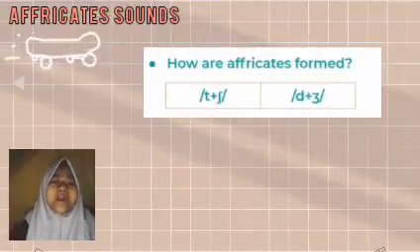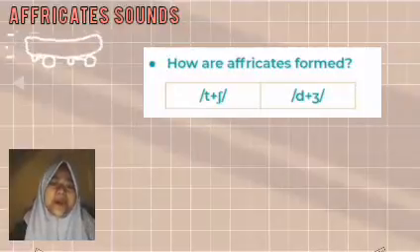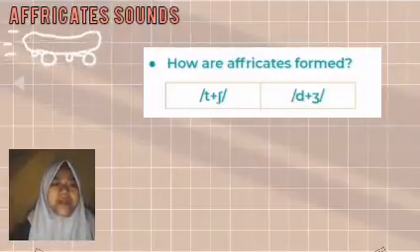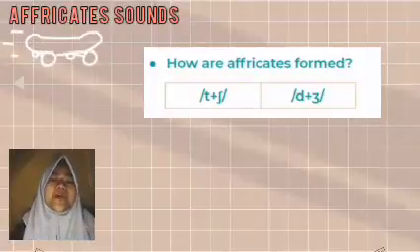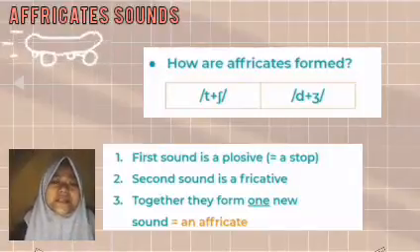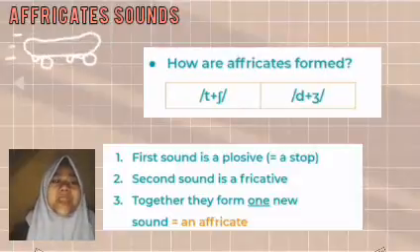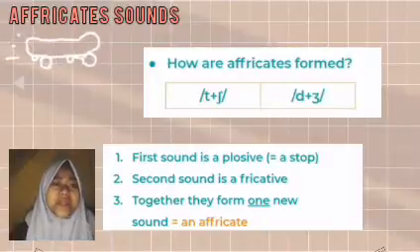So how are affricates formed? When you have a look at the phonemic transcript, you can see that ch and j both consist of two individual sounds. We have a plosive first, t and d, and the second sound is a fricative, sh and zh.